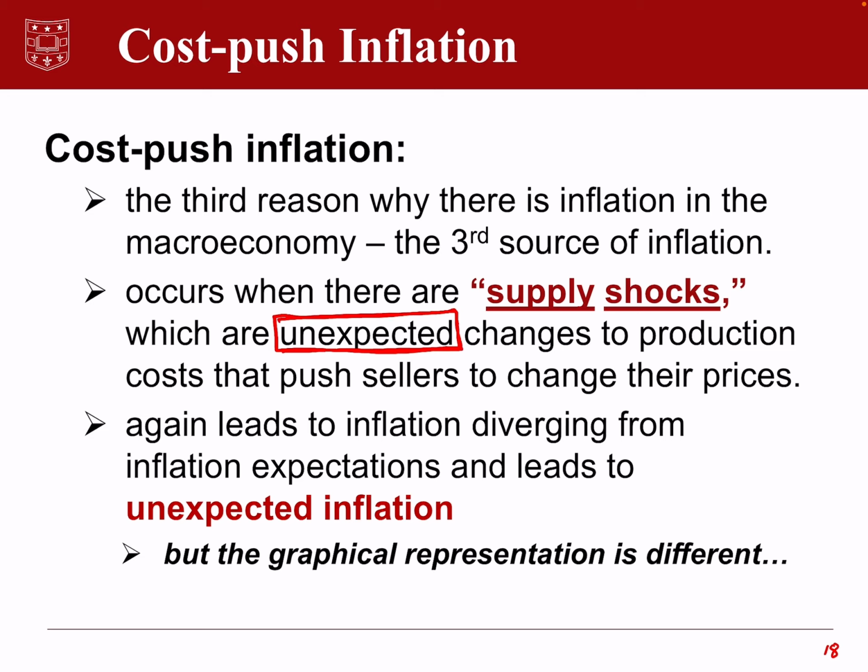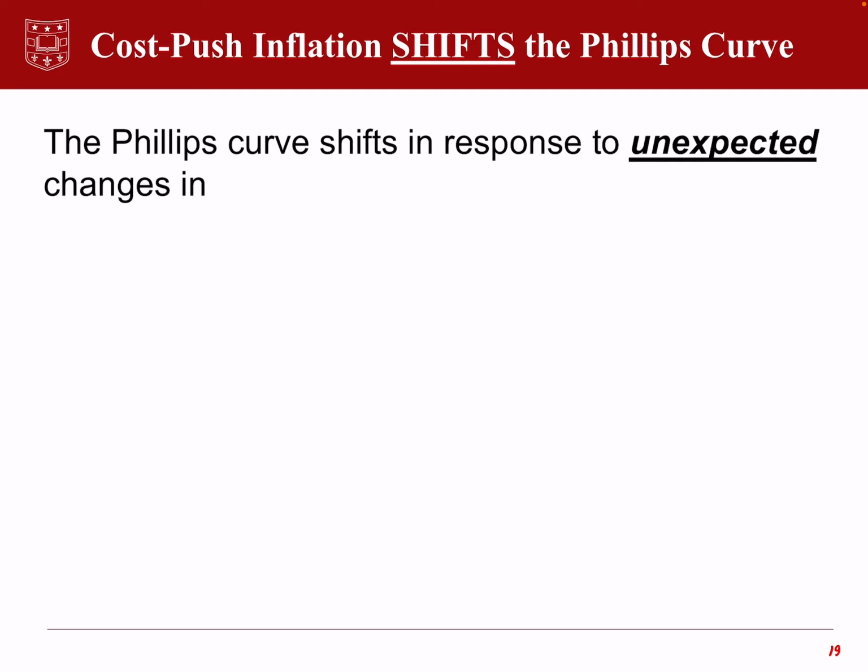Again, as we saw with demand pull inflation, if there is cost push inflation, that's going to lead to inflation diverging from the level that was expected, and therefore, equivalently, leading to unexpected inflation. But rather than describing this as a movement along the Phillips curve, the graphical representation is different. Specifically, we're going to be talking about a shift in the Phillips curve.